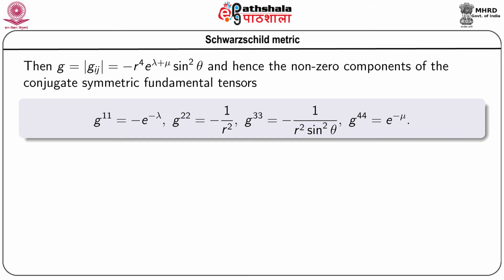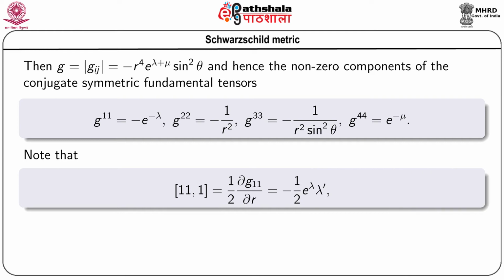So, these are the components of conjugate symmetric fundamental tensors, and with the help of these gij's and upper gij's, we can find the Christoffel symbols for this metric, and we have calculated all the Christoffel symbols.